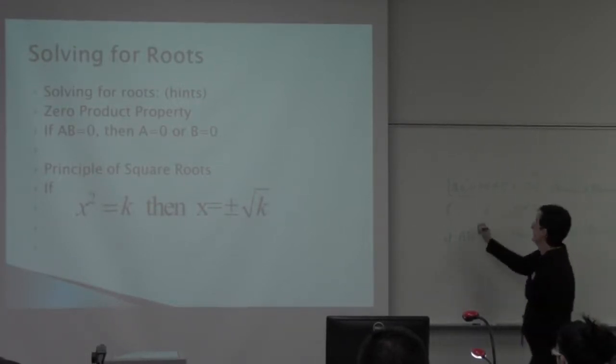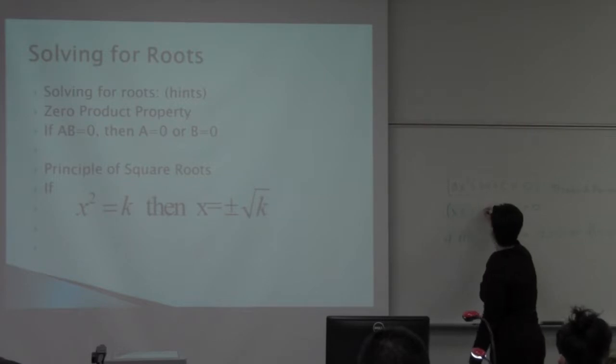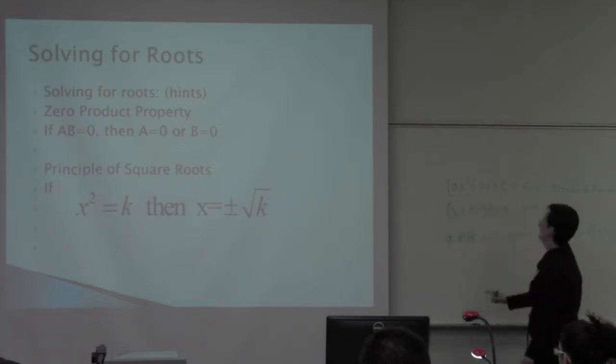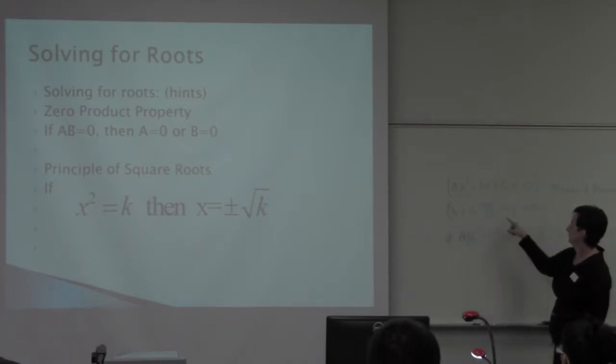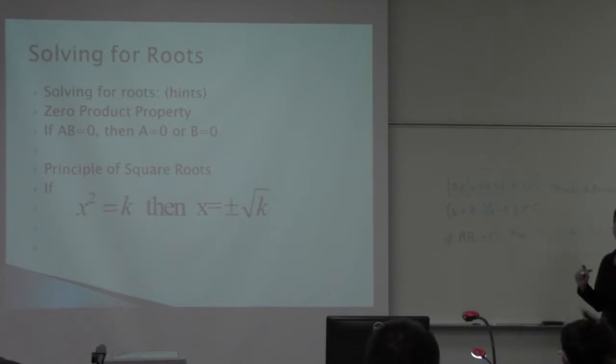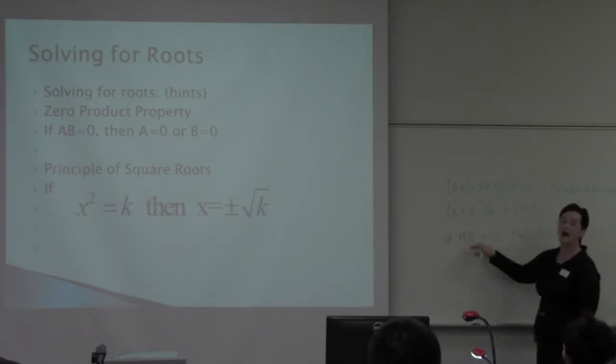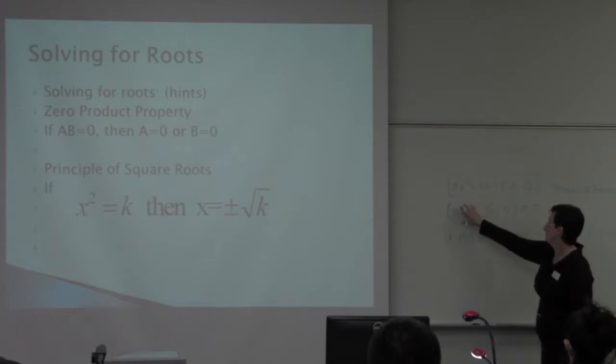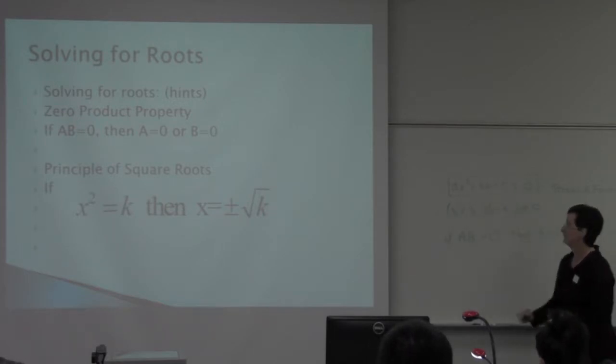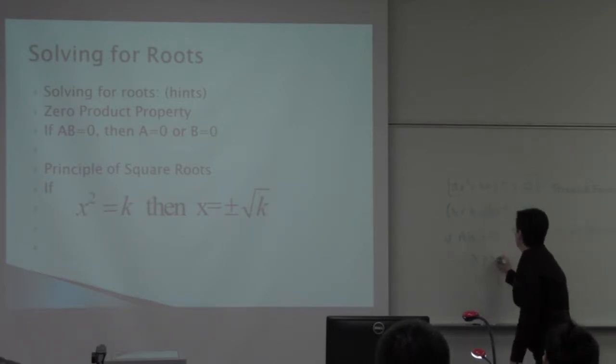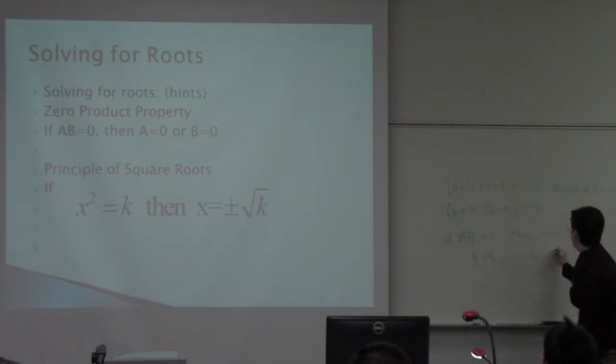So that means if this factored, I'll just make some factors up here. If this factors to x plus 3 times x minus 5 equals 0, now you have a product. This is your a, this is your b. So all you have to do is set each piece equal to 0 and solve.